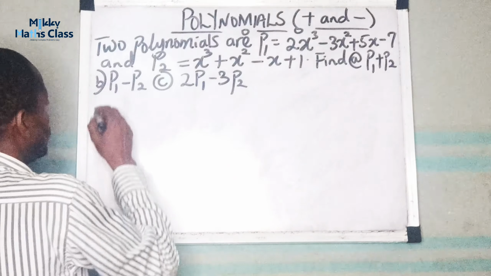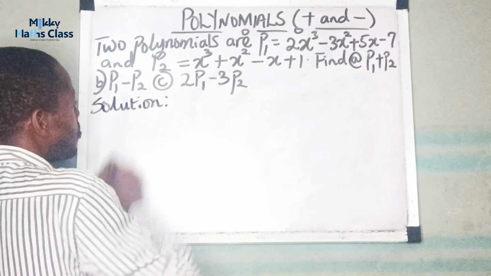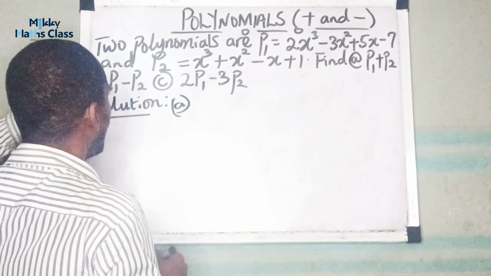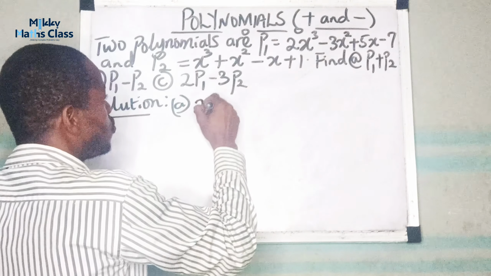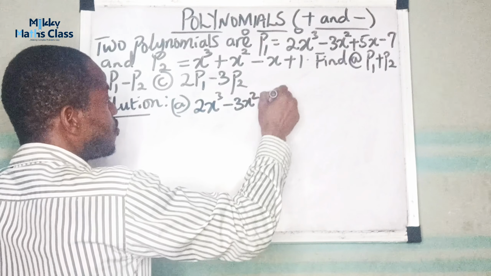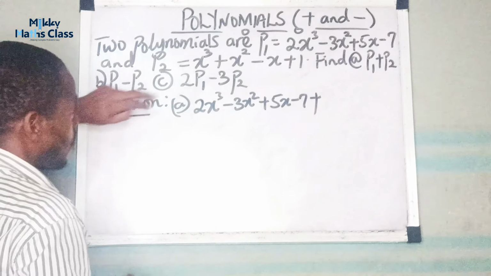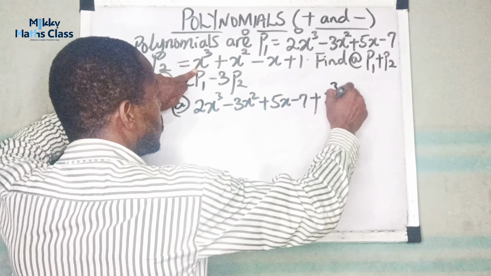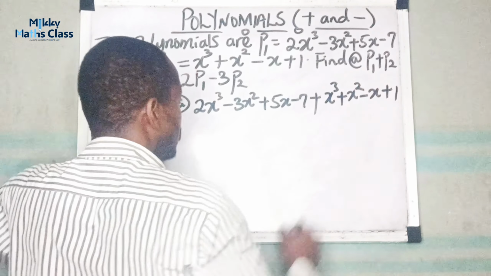Okay, straight to the solution. The first one, we have our P1 plus P2. So that means we add 2x to the power of 3 minus 3x squared plus 5x minus 7, plus our P2: x to the power of 3 plus x squared minus x plus 1.